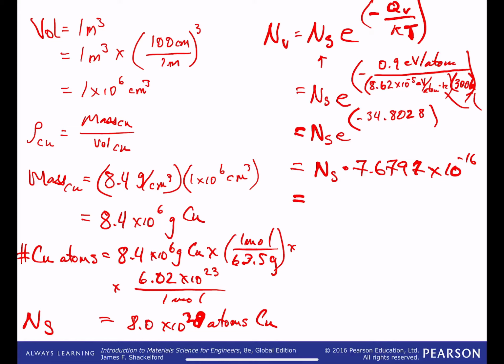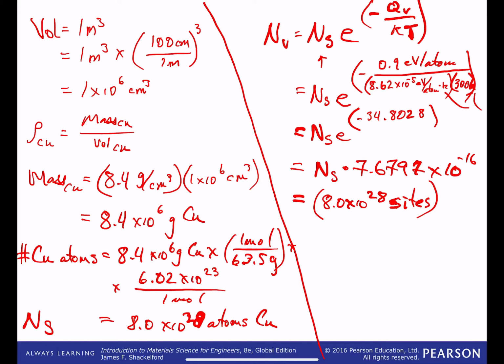Okay, almost there. For the total number of vacancies, the total number of sites was 8.0 times 10 to the 28 atom sites. We'll just call that sites now. Times this very small number, 7.6797 times 10 to the minus 16, unitless.